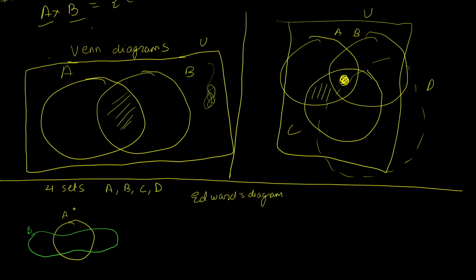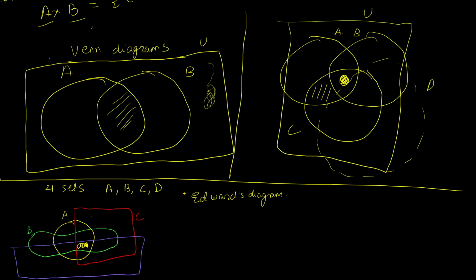Now for C, and for D, if you consider this big area, I'm going to call it D. If I look into this diagram, I see that there are intersection points available for all regions. If I'm looking for the intersection between all 4 sets, this would be the region where all 4 sets intersect.